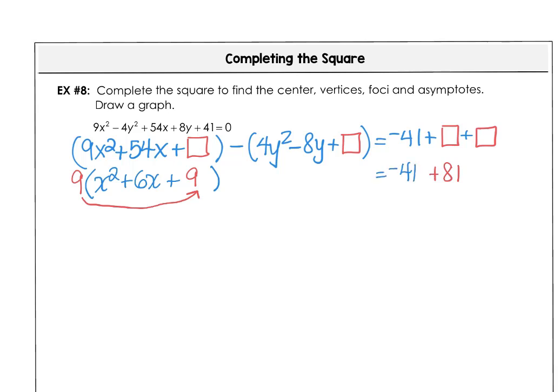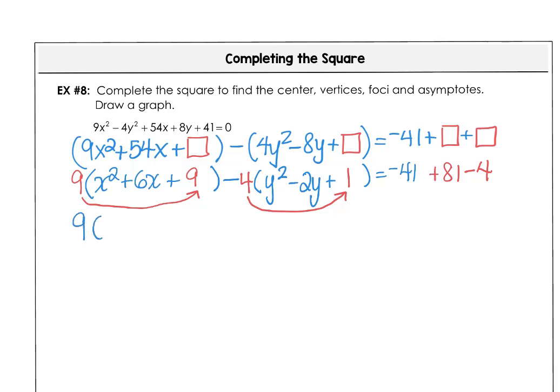Then on the next set, we're going to take out -4 and take that from the 8 would leave us 2, and then completing the square, half of 2 is 1. 1 squared is 1, but we've got -4 times 1, so we're actually subtracting 4 from both sides.